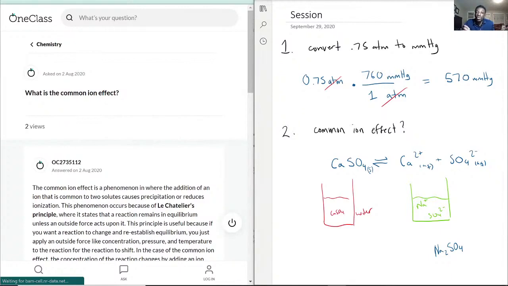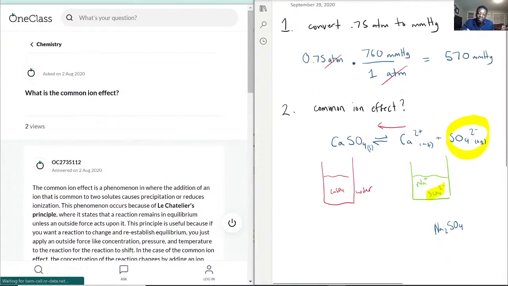It's going to go in the direction that favors having fewer ions in solution, because the sulfate's in there, so this calcium sulfate isn't going to form as much of its own. The equation will actually go towards the reactants. You end up seeing more solid in the solution because it cannot dissociate, because there's a common ion, sulfate, in that solution. That is, in a sense, the common ion effect.